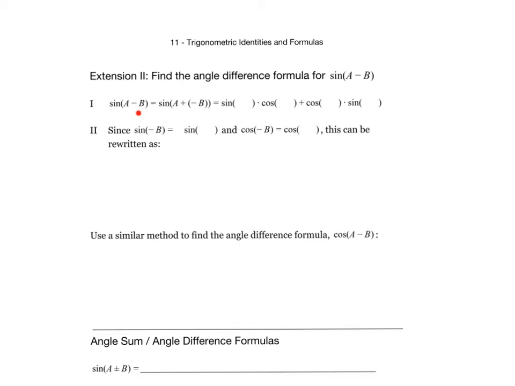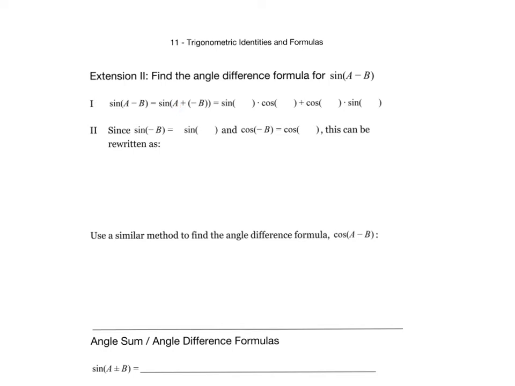So we have written out that we'd like to figure out what sine of A minus B is. And it would make sense to say that that really is the same as the sine of the sum of two angles, A plus negative B. So remember that the formula for the sine of A plus B is sine of A cosine of B plus cosine of A sine of B. Now, what we're considering to be the B angle is really minus B, and A is A. So let's fill in these blanks here.